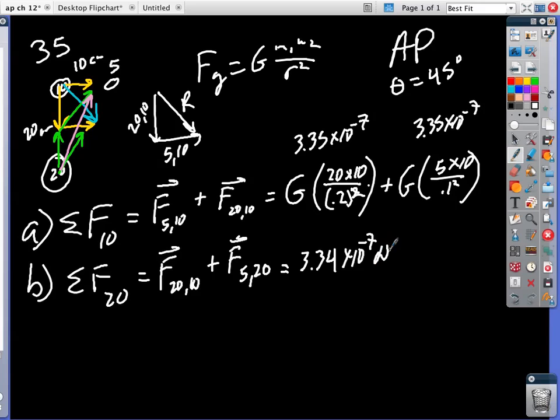Okay. So it's that. Now this one is big G 5 times 20. And R for this one is 0.1 squared plus 0.2 squared. Right? Because it would be the square root of those two squared, and then because it's squared, I get this. So what does that come out to be?